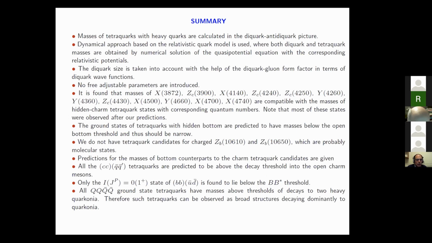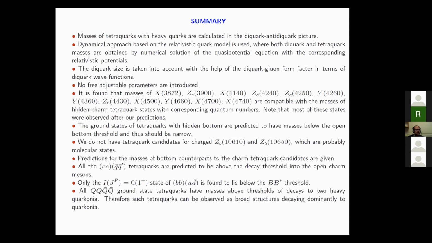In the talk, we presented calculations of masses of tetraquarks with heavy quarks in the diquark-antidiquark picture. We use the dynamical approach based on the relativistic quark model, where both diquark and tetraquark masses were obtained by numerical solution of the quasipotential equation with corresponding relativistic potentials.